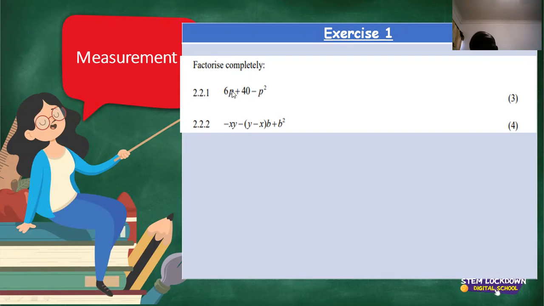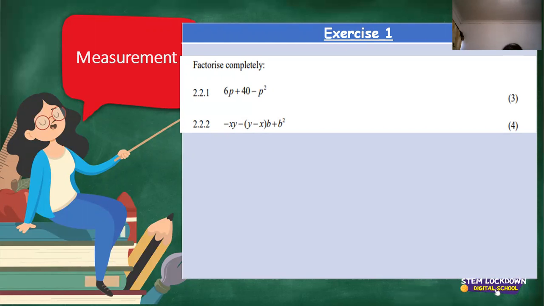So we're saying again that we factorize p squared minus 6p minus 40. To do that, we look for two numbers. When we multiply the two numbers, we must get -40, and when we add them, we get -6. So what two numbers can this be?